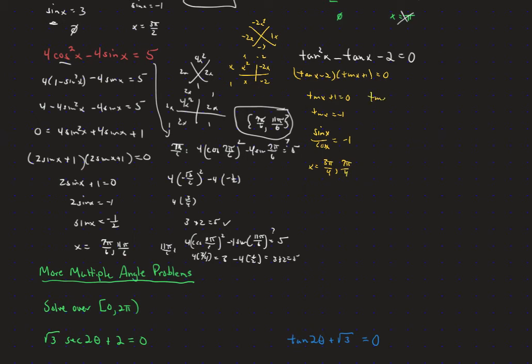Now the other one is a little different than any we've done before because this is not a known value. So we're going to have to now take an inverse tangent of 2 on our calculator. So I'm going to go to our calculator and go inverse tangent of 2, and I'm seeing 1.107. Now remember, our calculator is giving us that quadrant 1 angle.